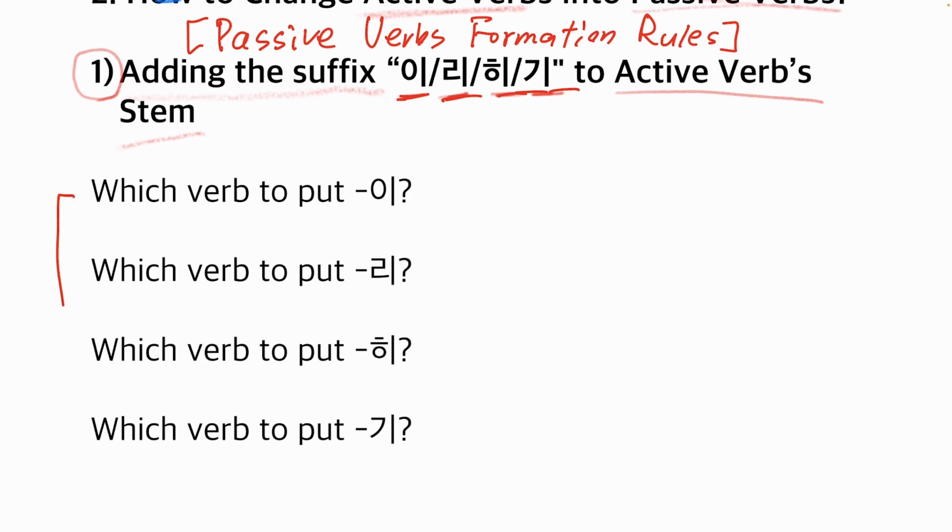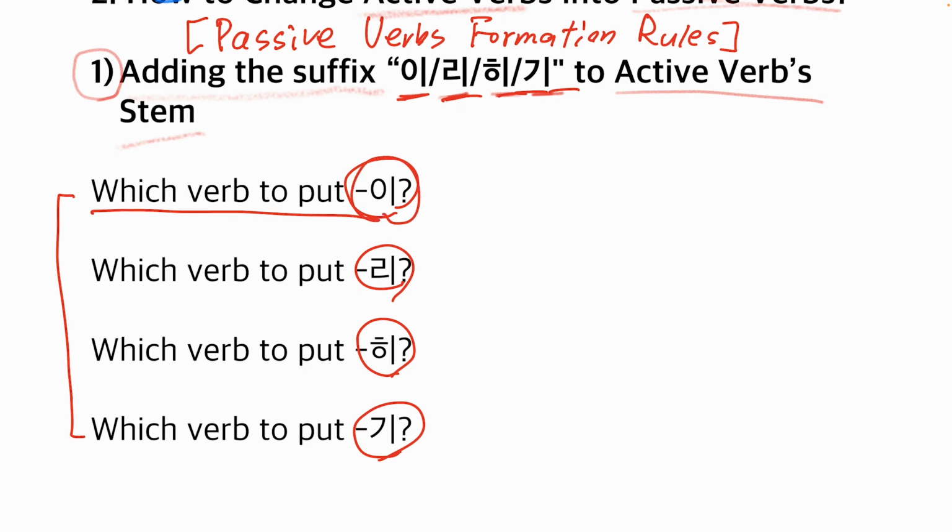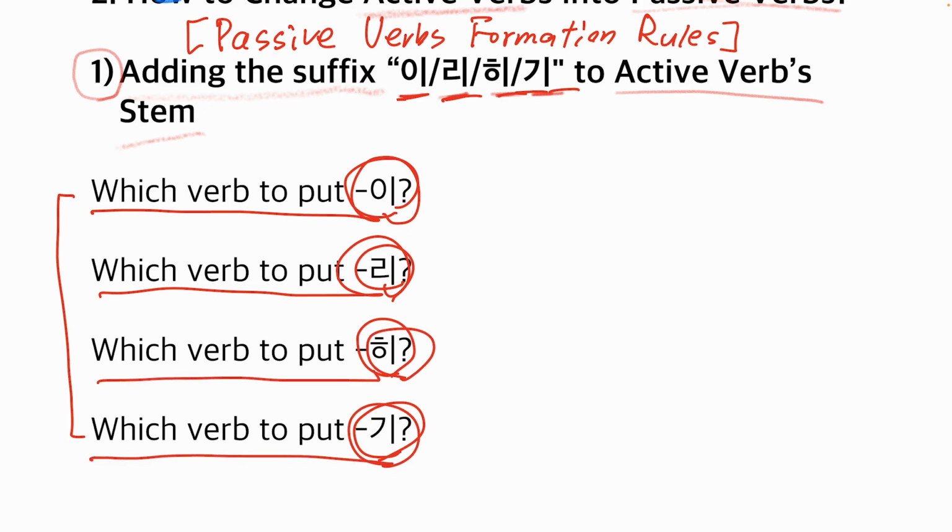So the question here would be, how do we know which verbs to put 이, 리, 히, and 기 on? And unfortunately, there is no fixed textbook rule, but thankfully we can find some commonalities among the verbs where 이 is put, among the verbs where 리 is put, among the verbs where 히 is put, and among the verbs where 기 is put.